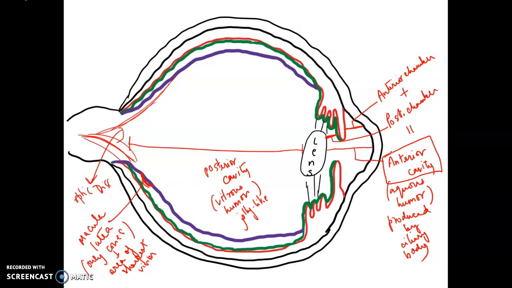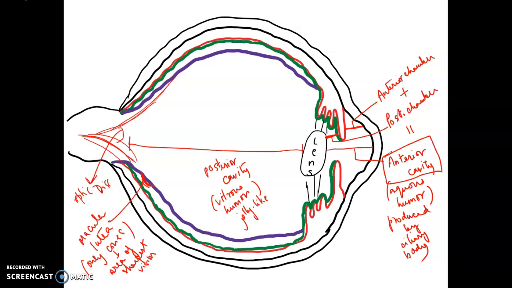The posterior cavity, which runs from the lens to the back of the eye, is filled with a jello-like fluid called vitreous humor, produced during our embryonic development. Zooming into the anterior cavity, it can be divided into two chambers. The space between the cornea and the iris is called the anterior chamber, and the space between the iris and the lens is called the posterior chamber.